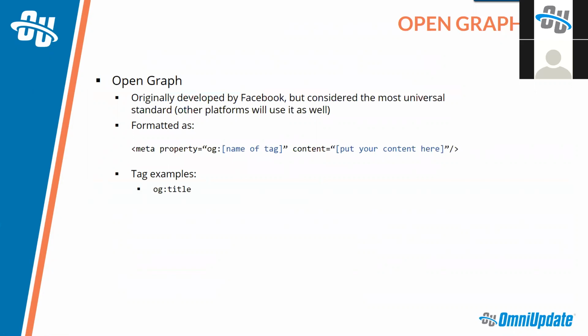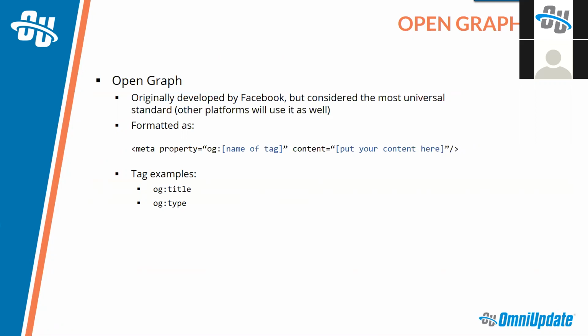So some examples for the meta tags that exist in this Open Graph landscape. You have og:title, as the name implies, that's like the title of the web page. If you wanted, you can have that be a separate title from the one that shows up in your browser tab. The og:type sort of determines what kind of information you are conveying. So is it a video? Is it an article?